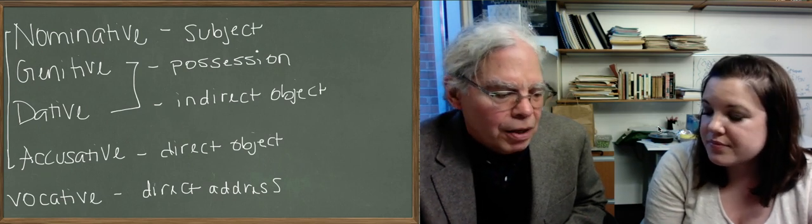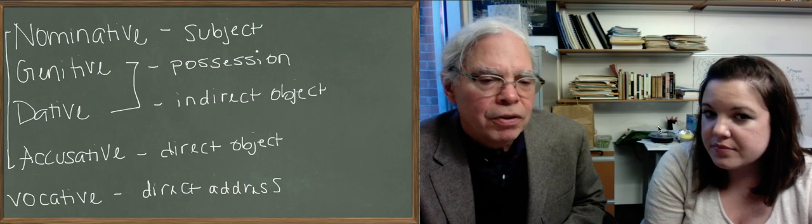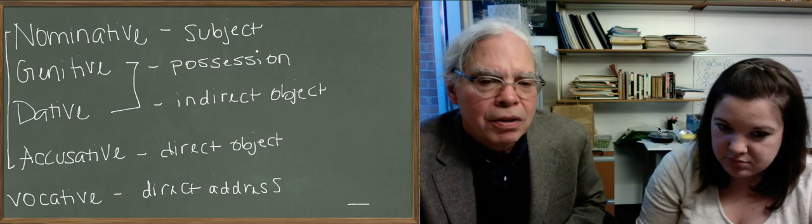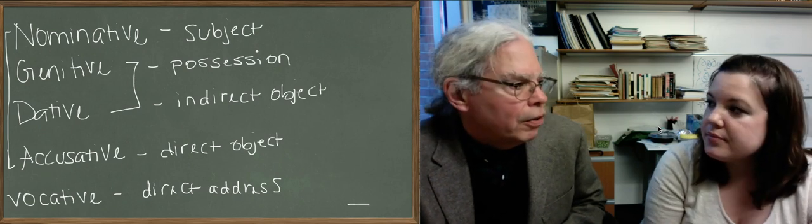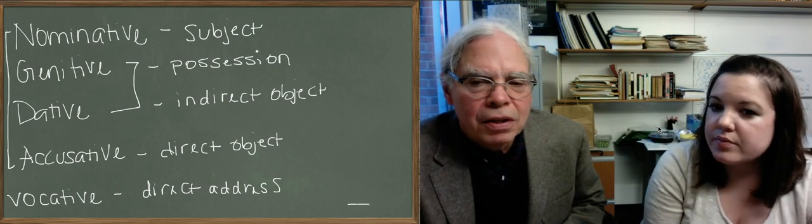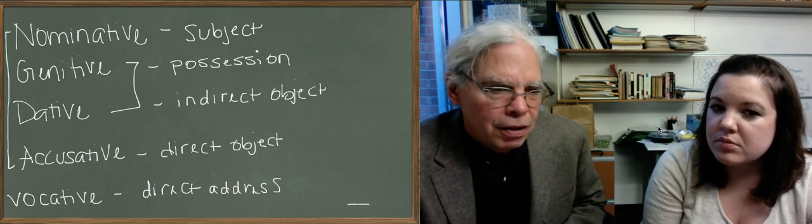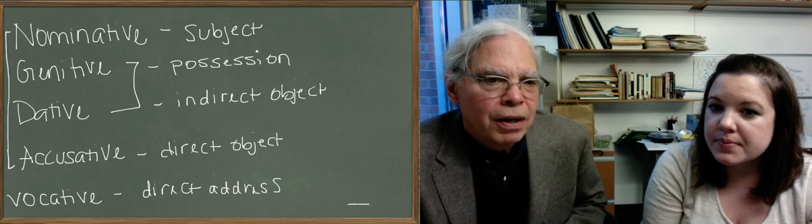But in the case of Greek, as I said, all of these grammatical functions of subject, direct object, and in fact of possession are indicated by little suffixes like the apostrophe S in English. And here there are 4 cases, basically. There's a 5th one, but we'll talk about that in a second.